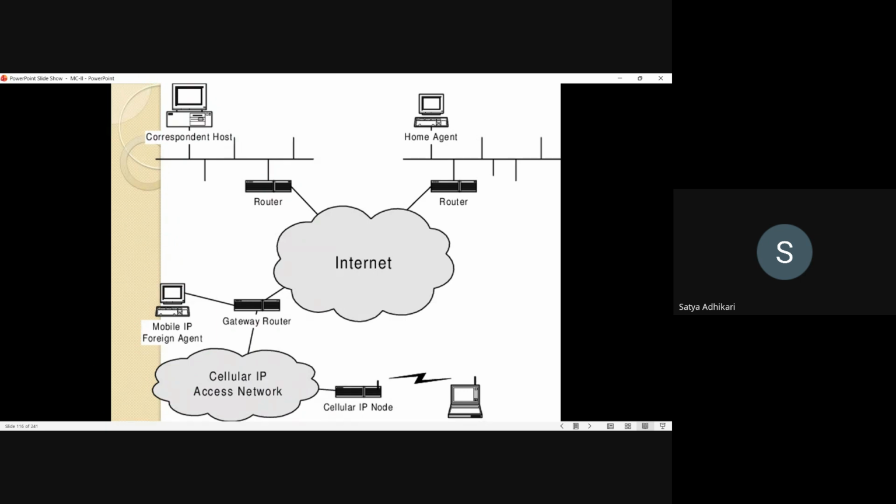If the mobile node is in a foreign network and data comes from the corresponding host, the home agent router is responsible for sending data to the gateway router of cellular IP. Once the cellular IP gateway router or foreign agent receives that data, it is delivered to the mobile node which belongs to this network.